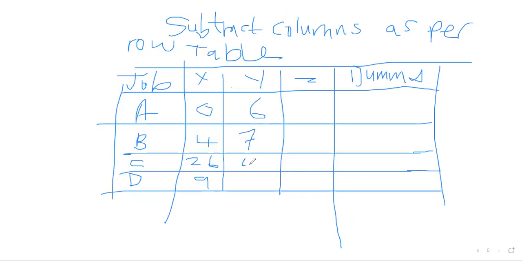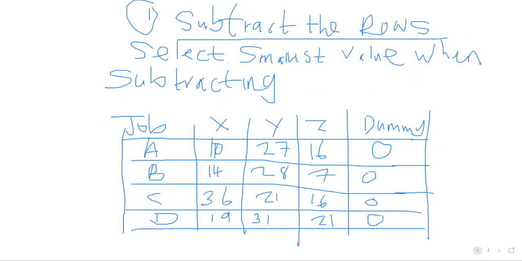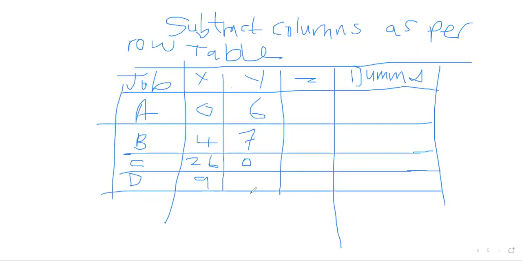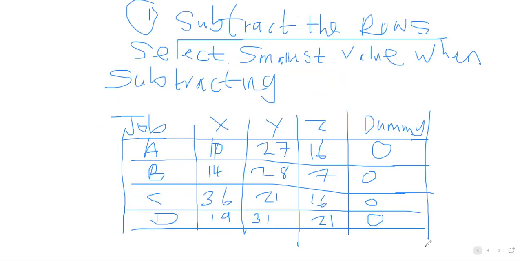Here you're going to have 0. Then here you're going to have 81 minus 21. We're going to have a 10. Then the other one, here we are going to have 16 minus 7. You're going to have 9.